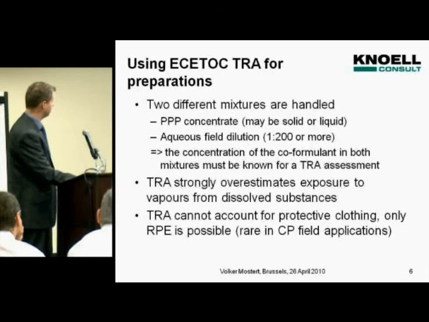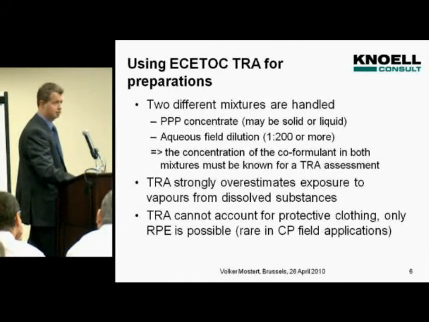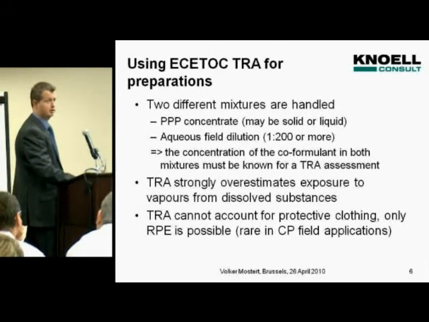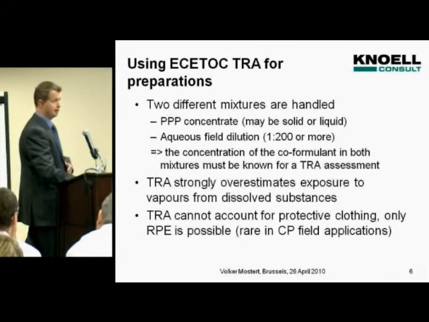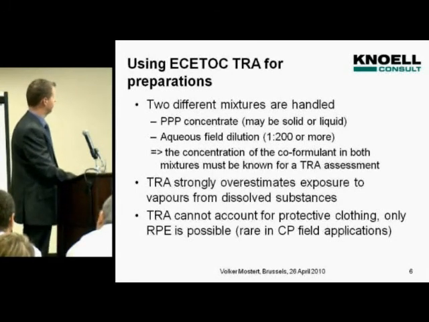But to run the TRA assessment, you need to know the concentration of the coformulant in both mixtures. It can be a challenging task to obtain this for all the coformulants in the concentrated product, as well as the GAP, the good agricultural practice, which demands how much water to be used in the field application.